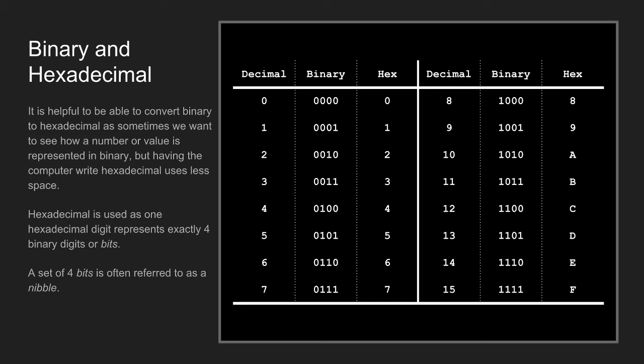It's very useful to be able to convert directly from binary to hex, and as you can see, there's a table here to help out. I'm not going to leave this table on the screen for too long. You have access to the slides if you want to check it out, but I would be familiar with that if I were you.